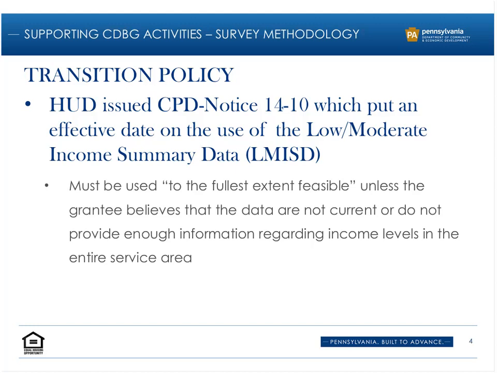And that's an important part to state: obviously if you have a smaller service area than the boundaries of a census tract or block group, you will definitely need to be doing surveys. But if your service area coincides with a census tract or block group, HUD's recommending that the ACS data be used unless you have data that supports why that information is not current.